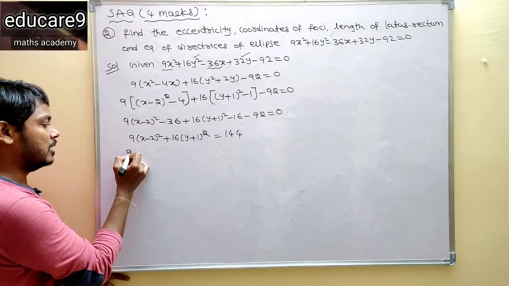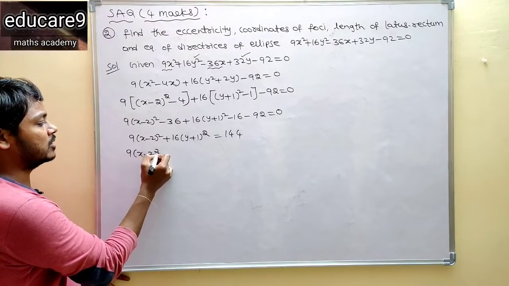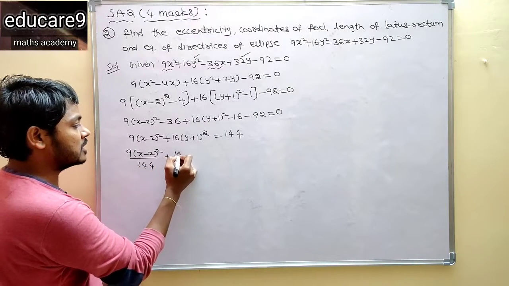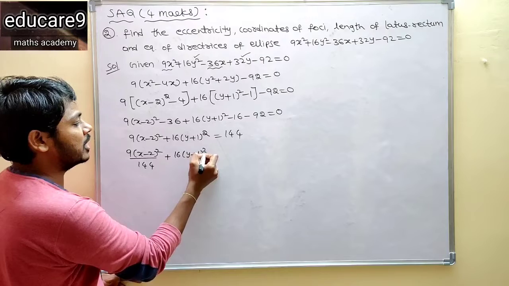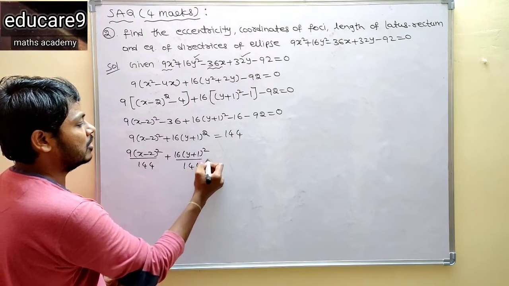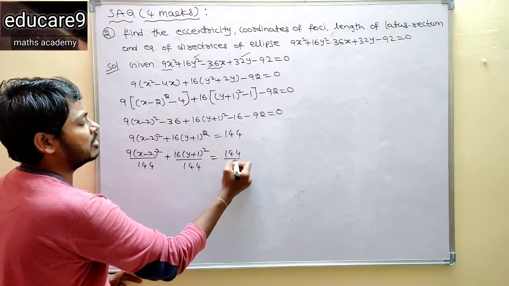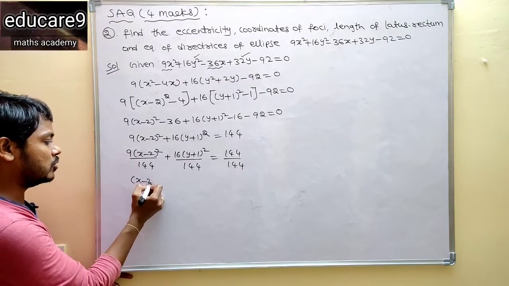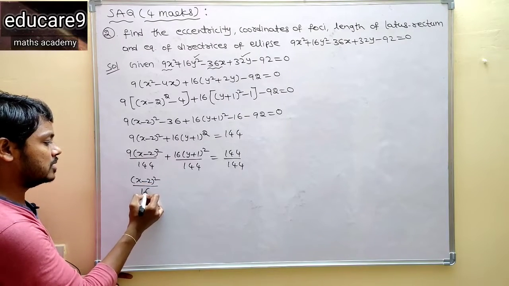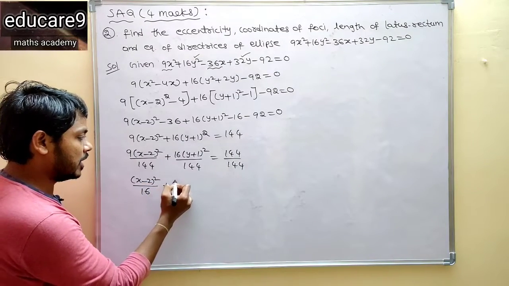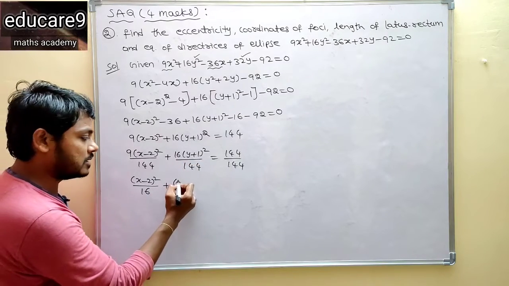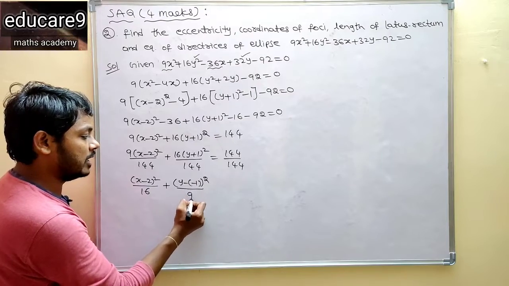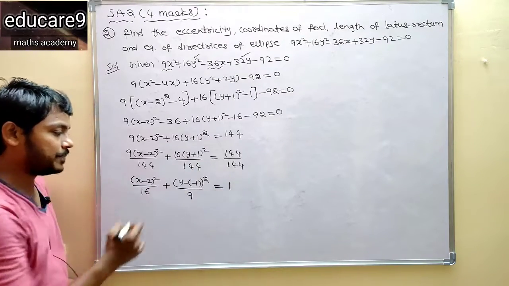You will get 9 times of x minus 2 whole square by 144 plus 16 times of y plus 1 whole square by 144, and 144 by 144. So clearly we will get x minus 2 whole square divided by 16 plus y plus 1, which can be written as y minus of minus 1 whole square divided by 9, is equal to 1.